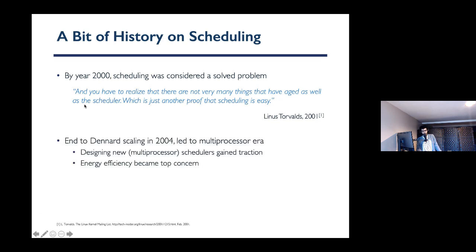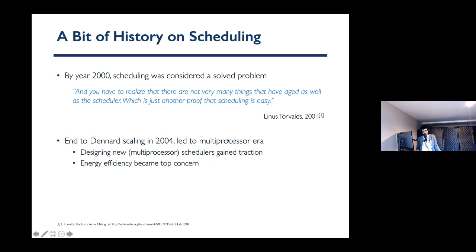Here comes 2004, the end of Dennard scaling. If you remember, one of the first trend graphs that I had in the first or second lecture was about the trend in multiprocessors. So we hit the power wall, and in order for us to keep up with the demand for better performance, we started putting multiple processors inside our chips. This is the beginning of the era of multiprocessors.